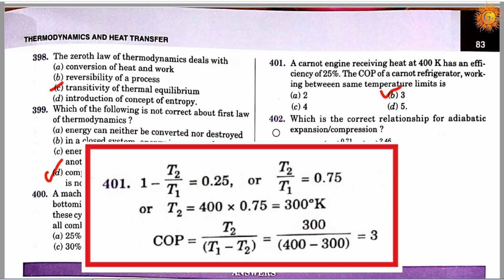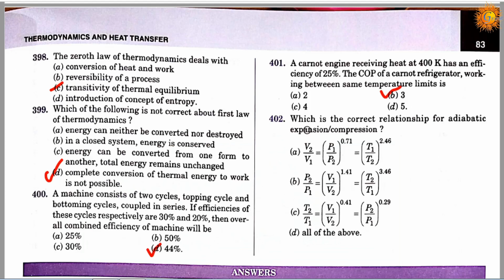Question number 402. Which is the correct relationship for adiabatic expansion compression? Option A, V2 upon V1 is equal to P1 upon P2 power 0.71 equal to T1 upon T2 power 2.46.